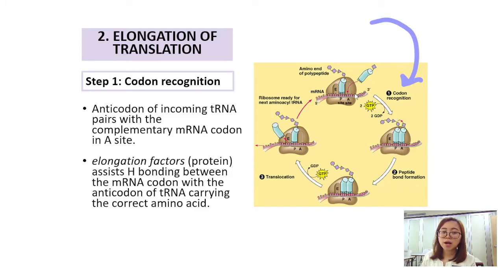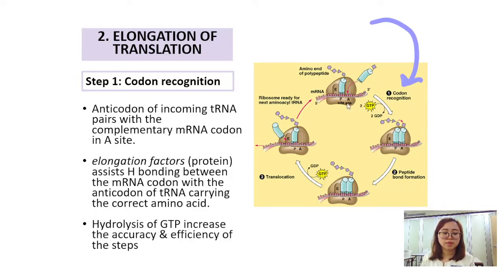Dia bantu hydrogen bond formation di antara anticodon dengan codon. And then you also have hydrolysis of GTP, guanine triphosphate, to increase the accuracy and efficiency of the steps. Okay, so they're going to be here to help in the codon recognition.